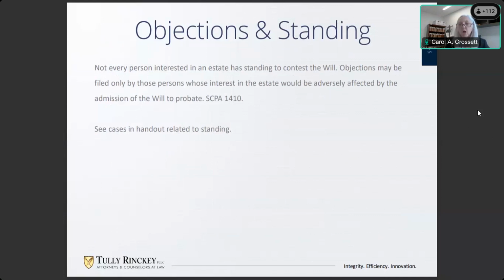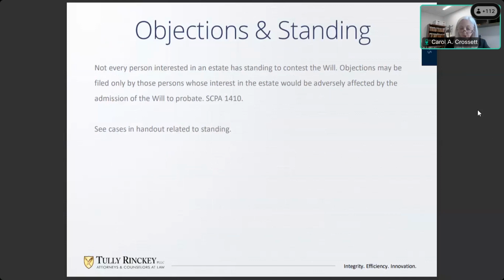There's all kinds of cases related to standing, even contingency standing, on the basis that if the will was not admitted to probate, there might be a greater interest in the intestate. So there's different ways that comes about, but you have to have standing, because a beneficiary who lacks standing to object to probate cannot assert objections.